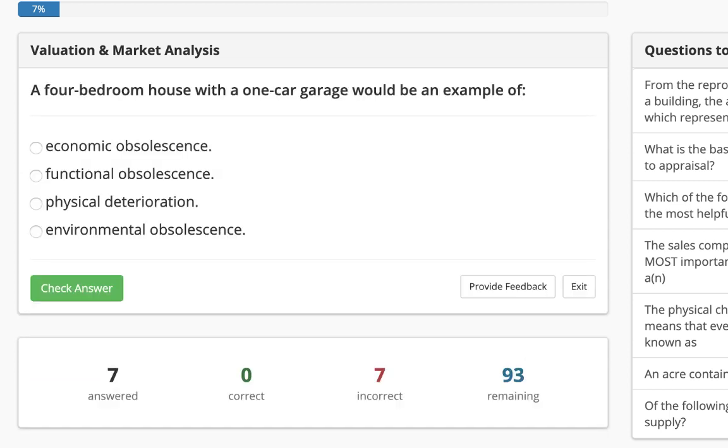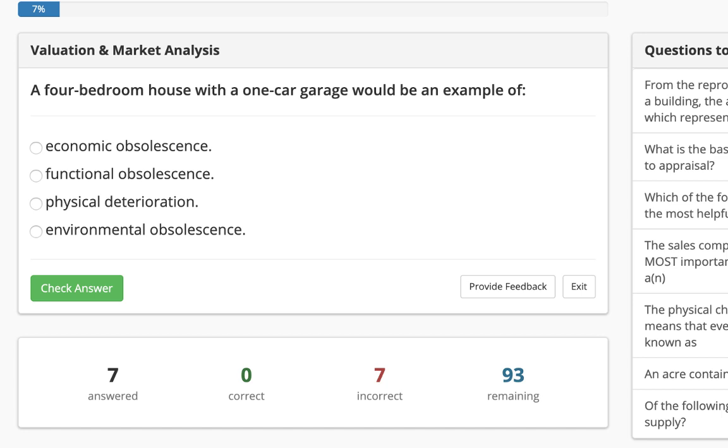All right. This one we cover a bit more, so hopefully we'll see a lot of good answers here. A 4-bedroom house with a 1-car garage would be an example of A, economic obsolescence, B, functional obsolescence, C, physical deterioration, or D, environmental obsolescence.